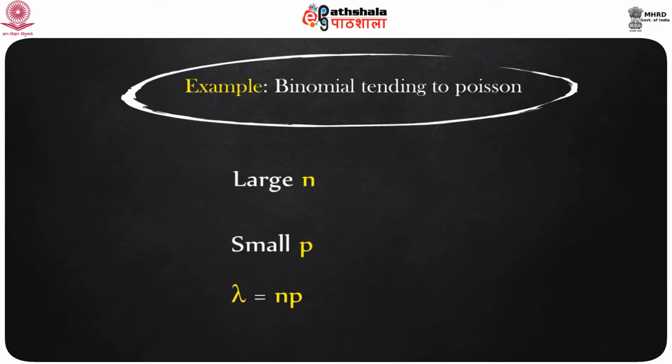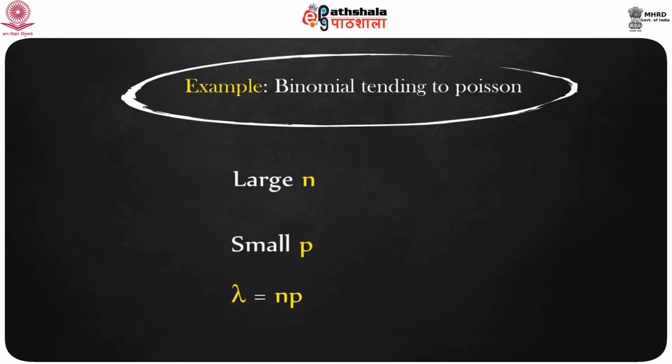If the number of trials n tends to be a large number and simultaneously the success probability p tends to be small, and lambda, which is the parameter of the Poisson distribution and also its mean and variance, equals np, then under these conditions the binomial distribution tends to the Poisson distribution.